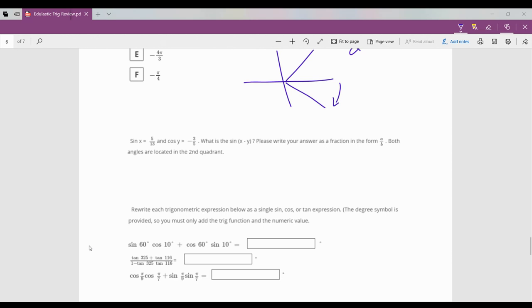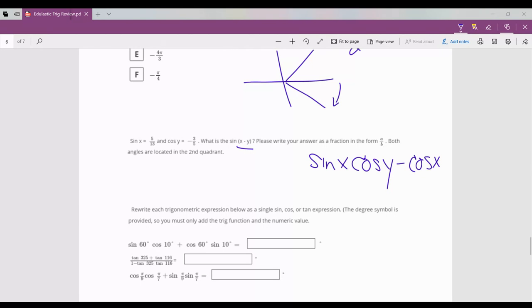This is a formula one where we do need the difference formula. So it says sine of x minus y. So it's subtraction, so it's sine of x times cosine y minus cosine x sine of y.